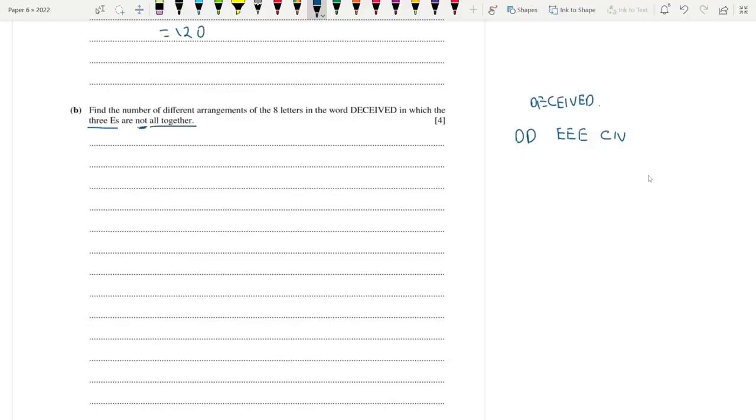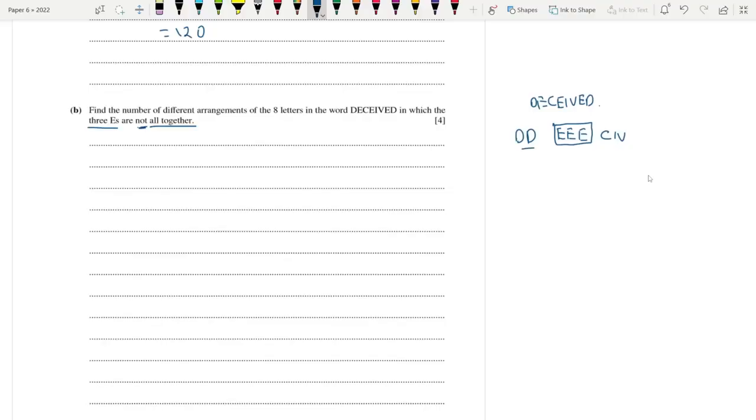So there are 2 variations of this sum. They could either ask you to find the number of arrangements where the E's are not next to each other, and there's another variation where they ask where the E's are not all together. So what do they mean actually? Basically, they're talking about that specific scenario where these 3 E's are actually adjacent to each other.